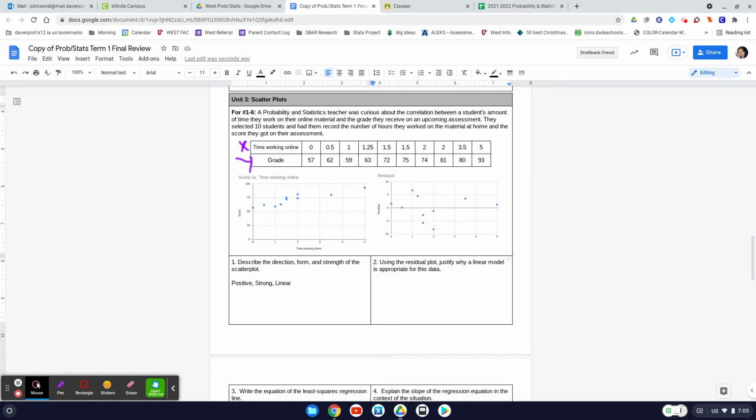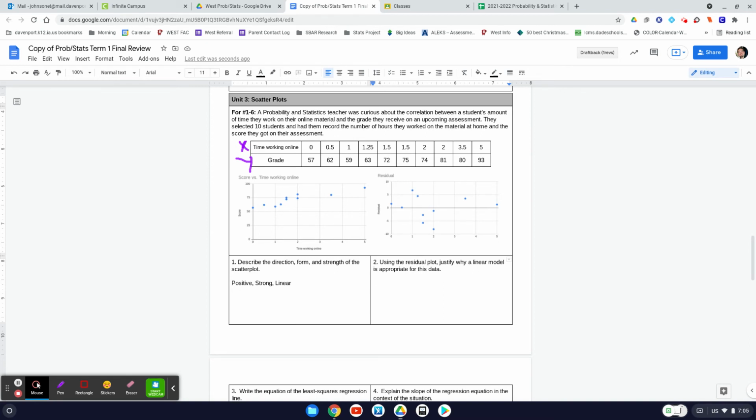Now, number 2 says, using the residual plot, justify why a linear model is appropriate for the data. So remember, for a residual plot, the points need to be kind of all around that zero line, that x-axis. There's not any patterns, and they're not all above it or all below it or a majority above or below.